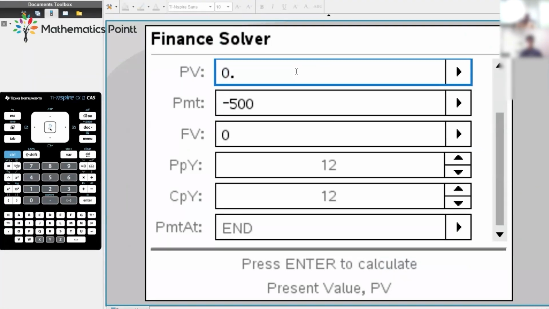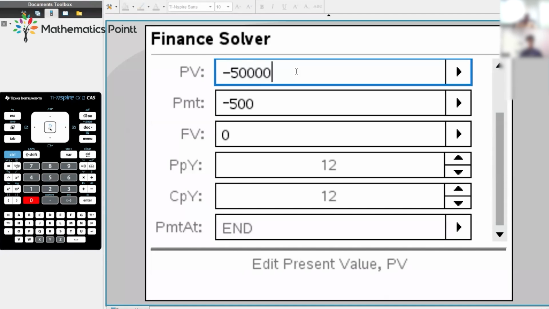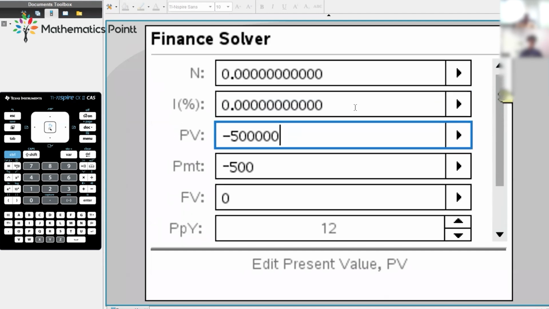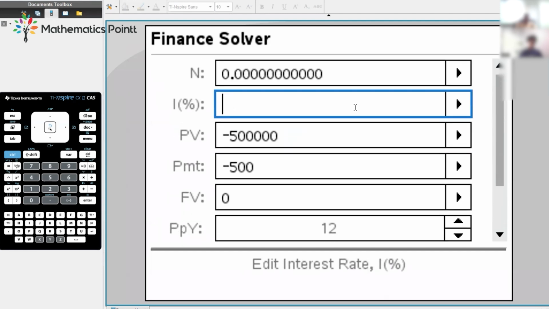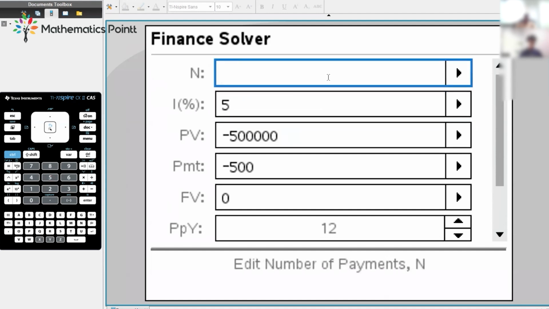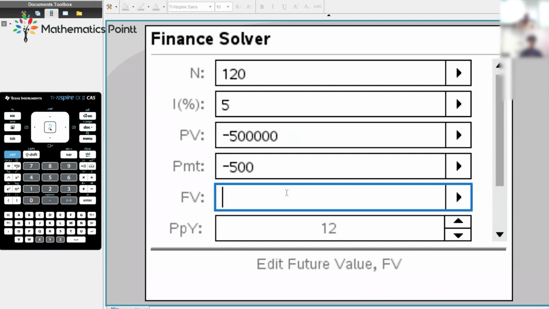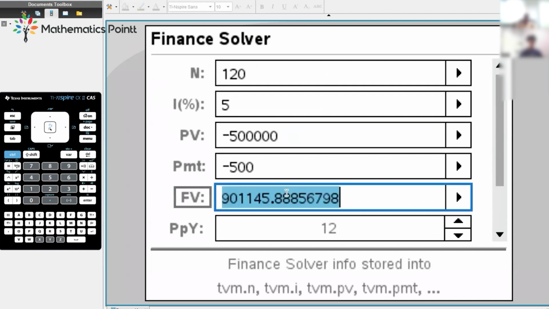Present value was negative 500,000. What else? I is what? 5%. N value is 120. And if I come here and I press enter, that's the value of my investment.